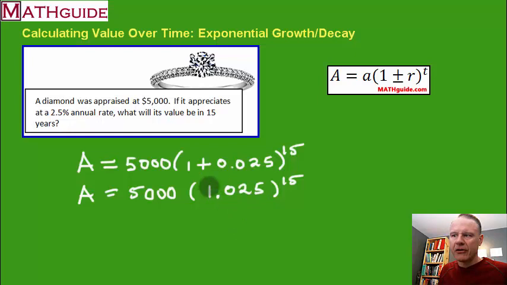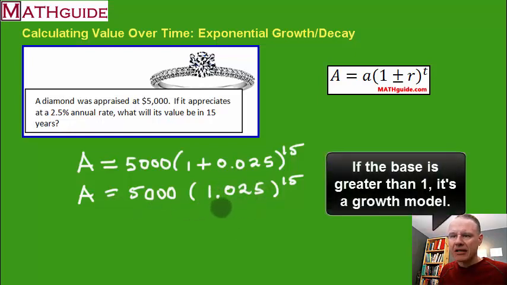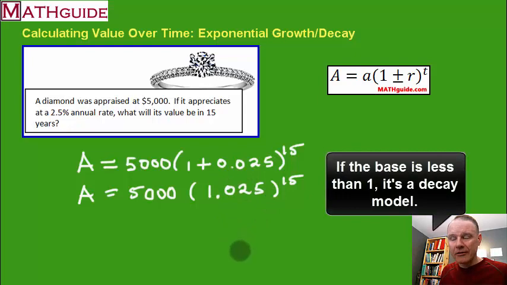So since the base of our exponential growth model is greater than 1, that's why it does represent a growth model. If this base is less than 1, it indicates a decay model, which was our last problem with the car.